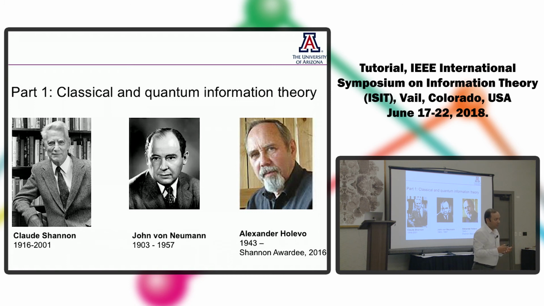P of y given x is the stochastic description of a channel. P of x, the distribution with which a source outputs symbols, is a stochastic description of a source. So all of Shannon's information theory is built on a stochastic description. It does not go into the physics-based description.